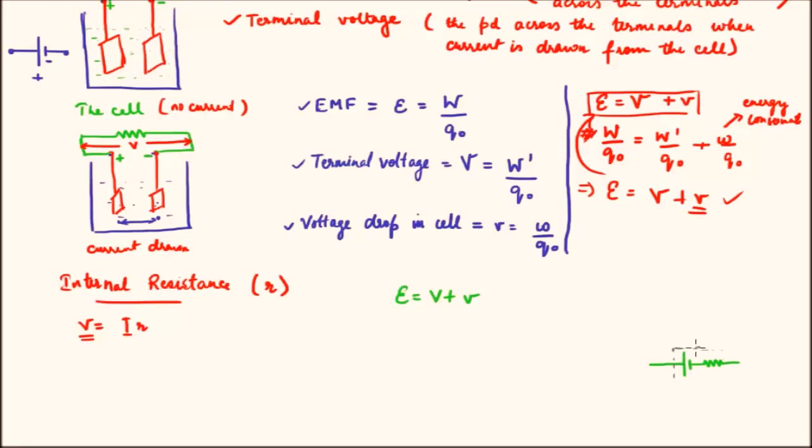This is my battery region, and then I am adding an external resistance to it of resistance capital R. Okay, capital R, this is my small r, this is my epsilon.